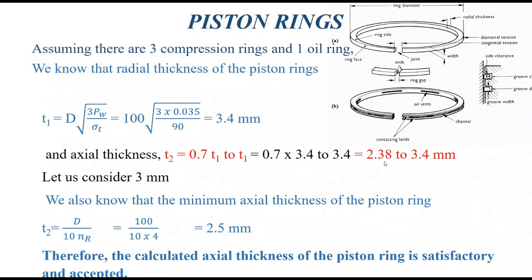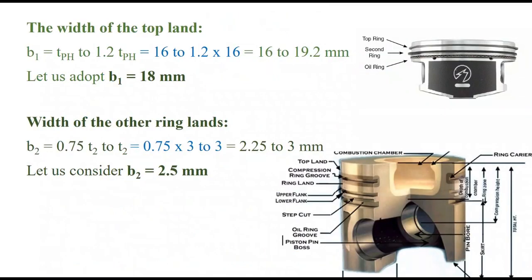We should take at least minimum 2.5, but we have chosen 3 millimeter, so that is safe enough. So our calculation is all right. Therefore, the calculated axial thickness T2 of the piston is satisfactory because it is more than 2.5 millimeter, and hence it is accepted. All right. Now we'll see further.